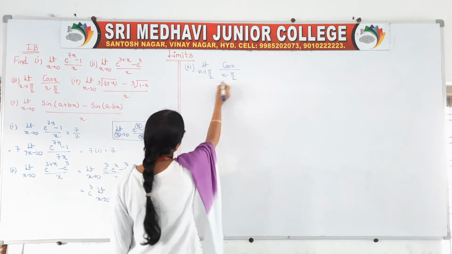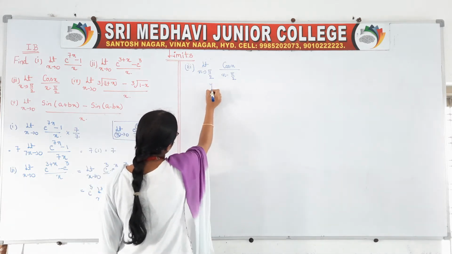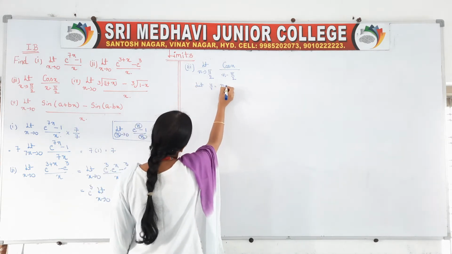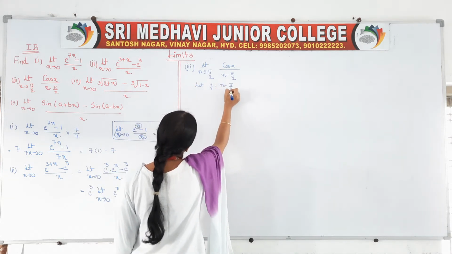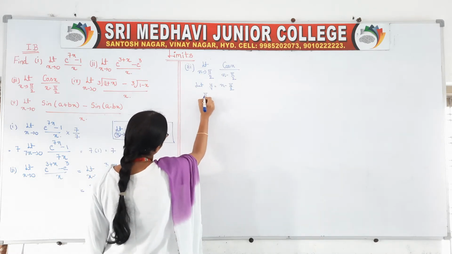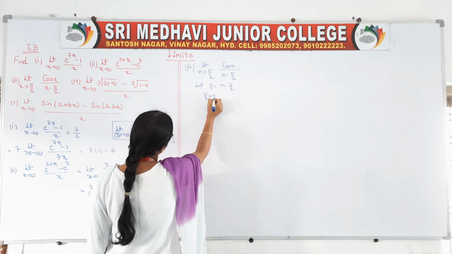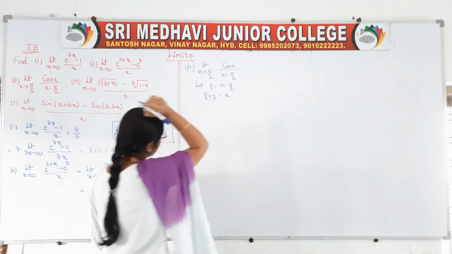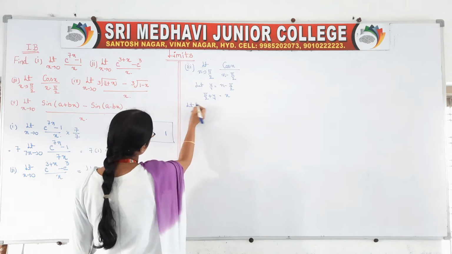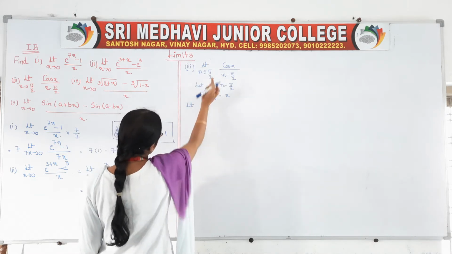Consider this value as y. So let y is equal to x minus pi by 2. Take minus pi by 2 to this side, it is pi by 2 plus y is equal to x. Now the given question is limit x tends to pi by 2.